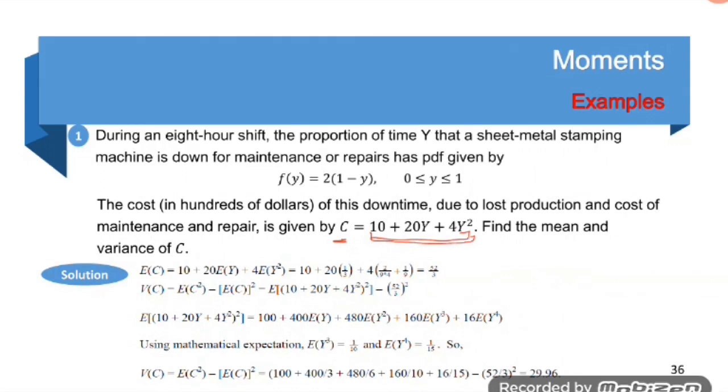To find the mean of the variable C, I think it's not a big deal. We just apply the expectation to this formula. But first we need to find the variance and the expected value of y, because we'll use these formulas here.